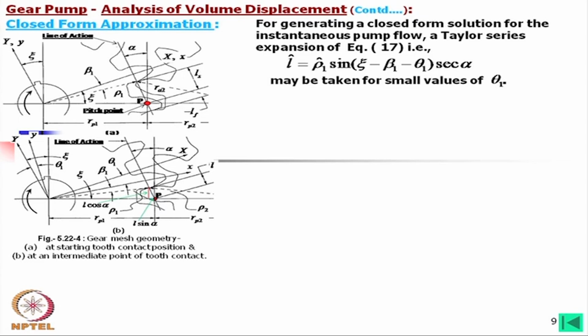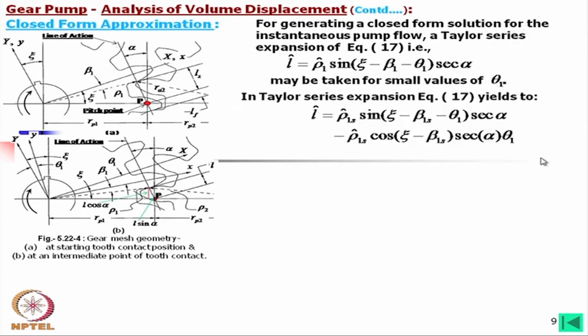A Taylor series expansion is done. In that case, L, which we have expressed in this form, for a very small value of theta, I mean we have to consider in this case for such equations theta 1 varying very discretely by a small amount.